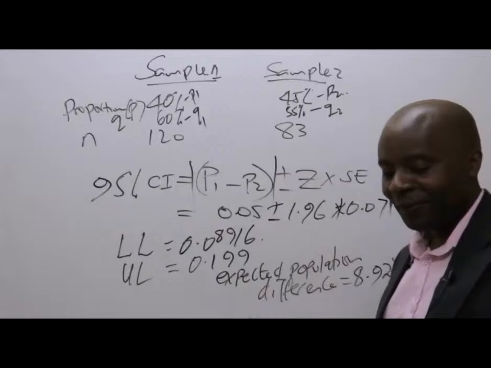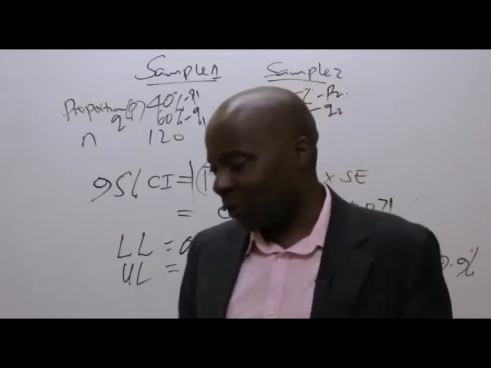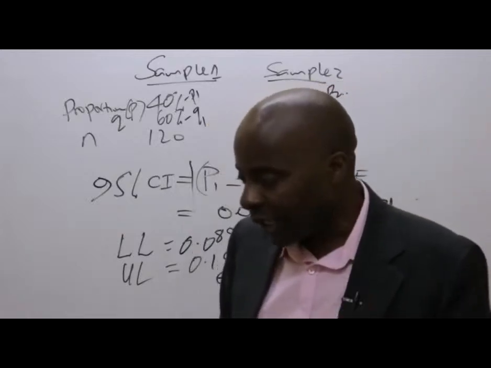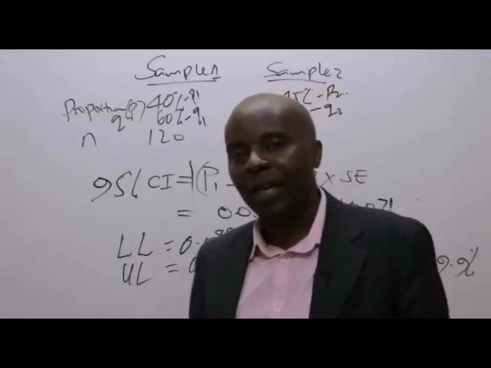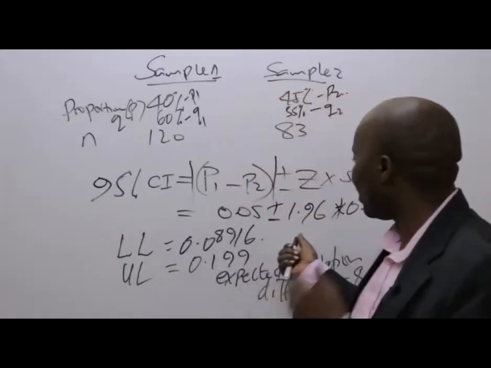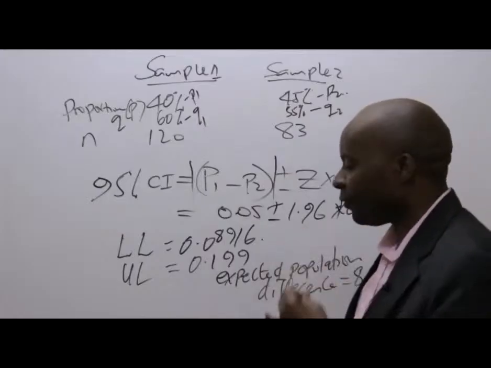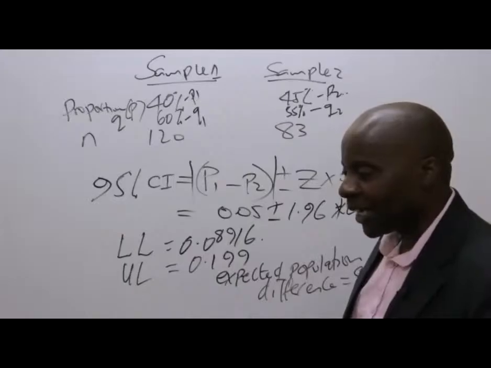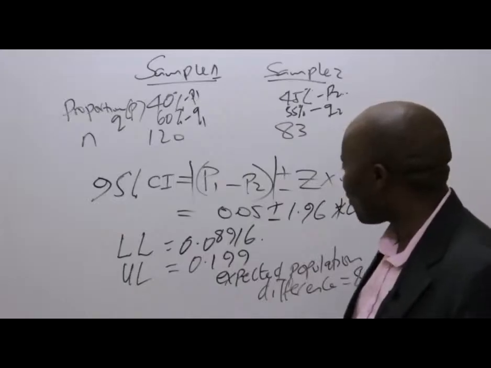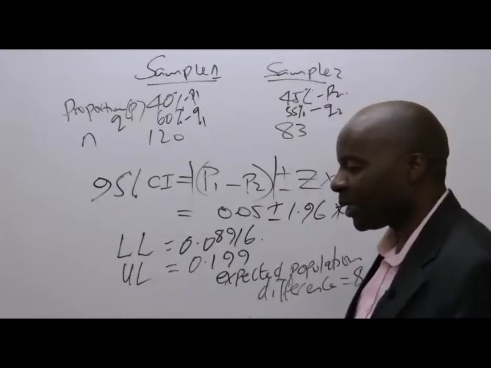Now, ladies and gentlemen, write again another title. We are still talking of, no, in the limits, we don't ignore the negative. In the limits, if, for example, the lower limit here is negative, 0.05 minus 1.96 times 0.071.